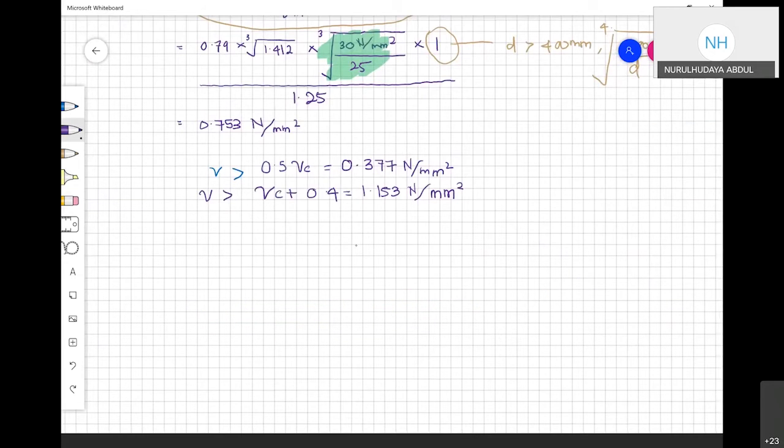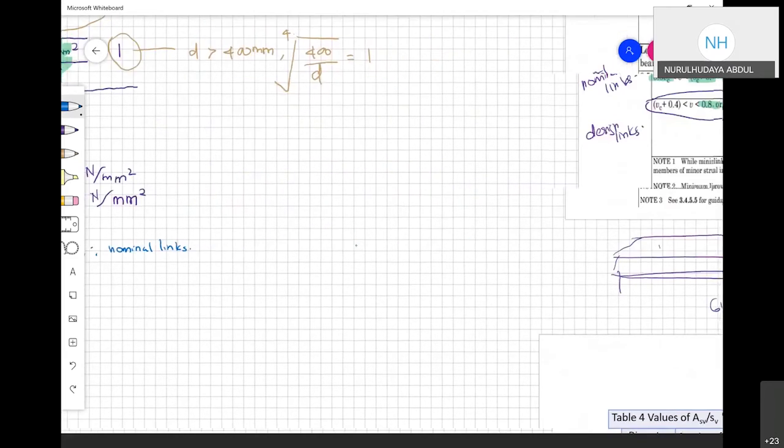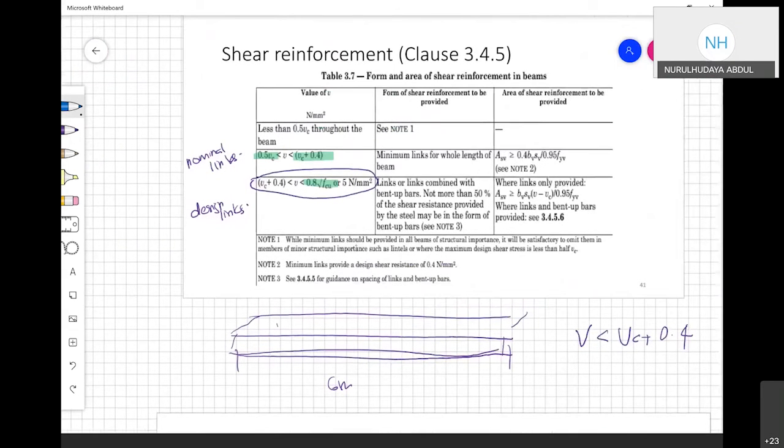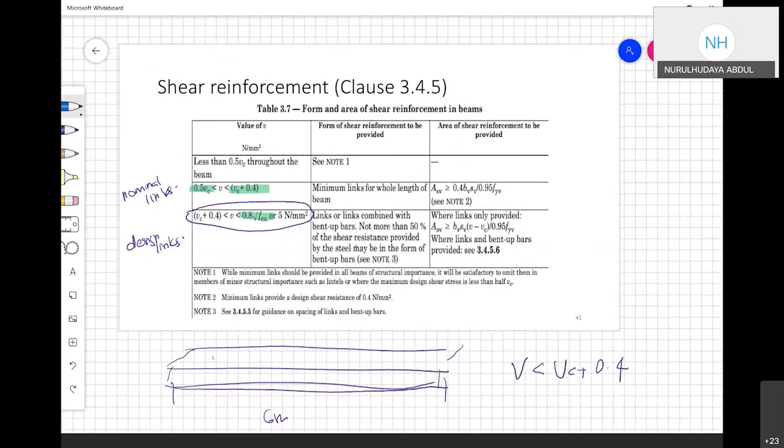So first, to design nominal link, we know that the situation is 0.5. So for this one we design as nominal link. To design this one, we need to use this formula. Since in our situation we have to design nominal link and design link, we look at the nominal link place and take this formula.